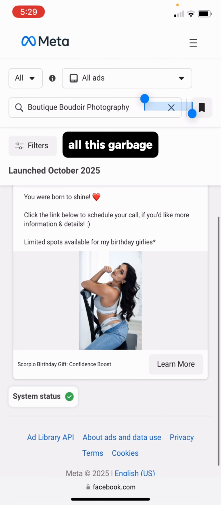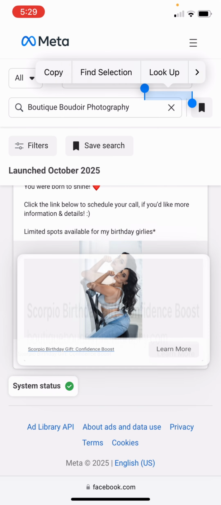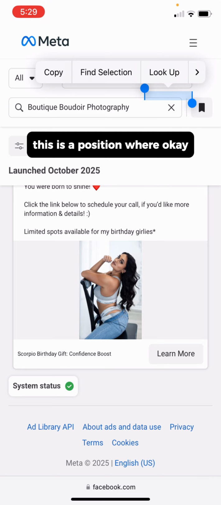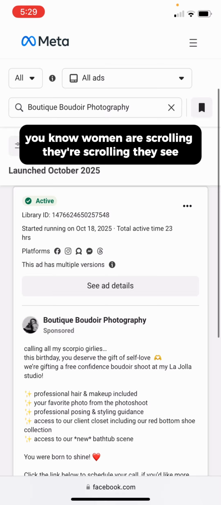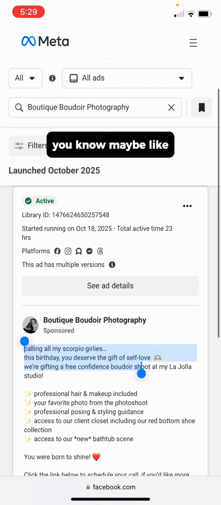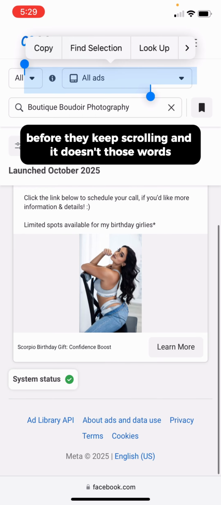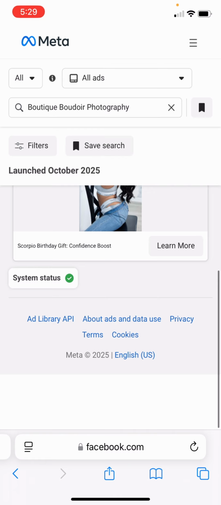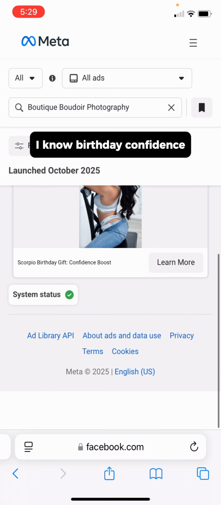And then, reason 2, 15%: the reason we don't want to have anything here is that this is a position where women are scrolling, and they see maybe 1/3 of the words in the See More headline before they keep scrolling. And those words don't register in their subconscious till they get down here. Then they realize they saw Scorpio, birthday, confidence.